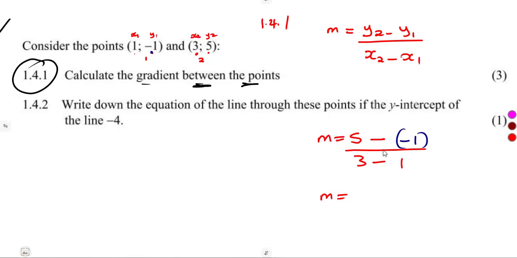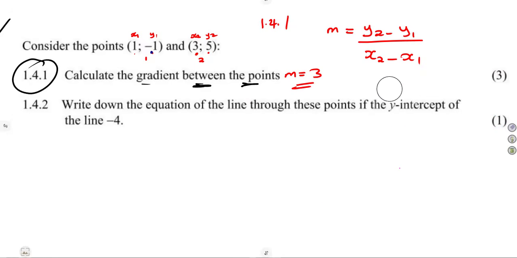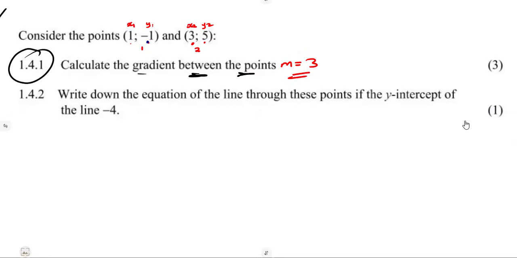We can simplify this and obtain our gradient. You can use your calculator. Minus and minus is a plus, so 5 plus 1 is 6 over 3 minus 1, which is 2. That gives us 3. So we have got a gradient of 3. That's our m, the gradient.